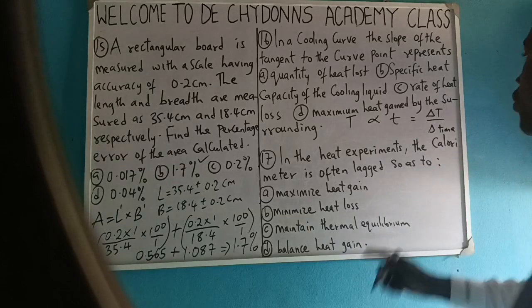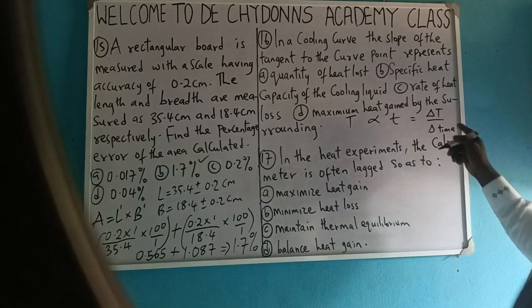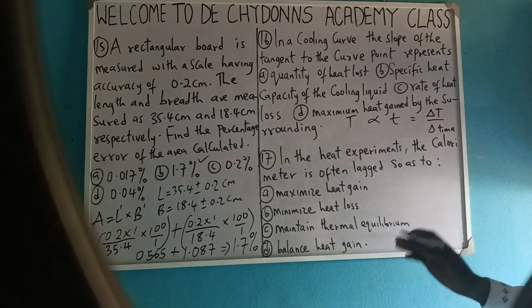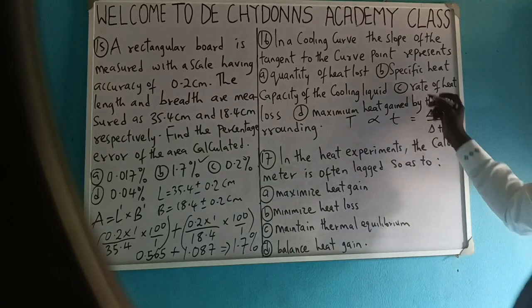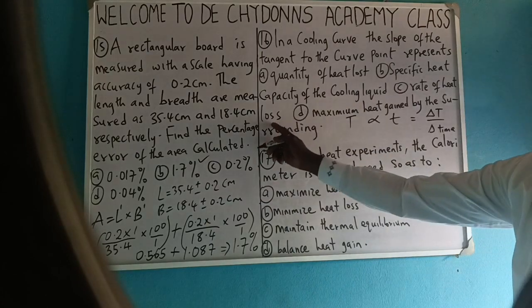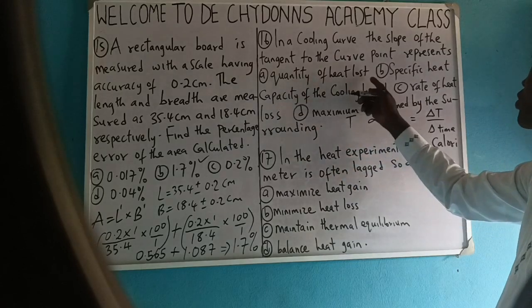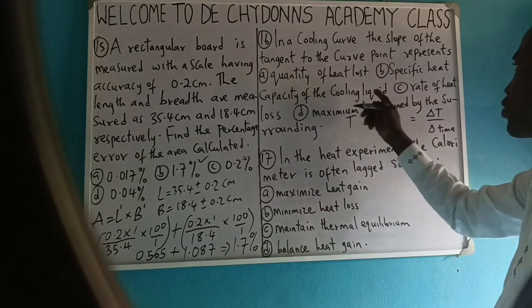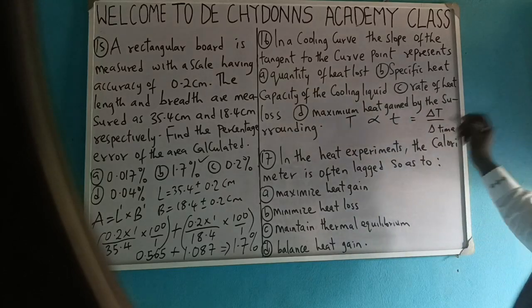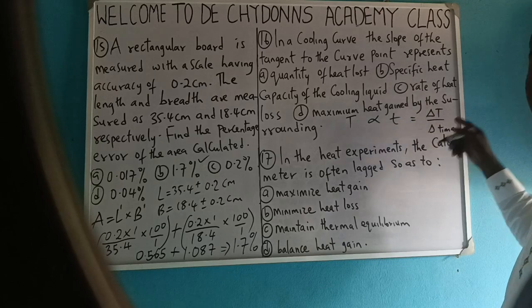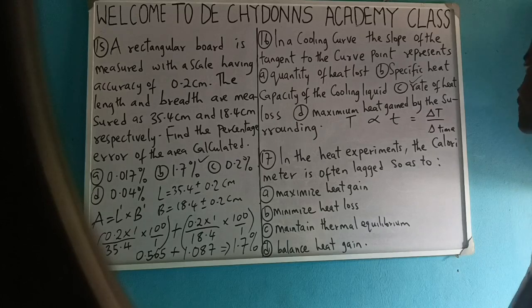And anytime you hear over time, what it means is rate. Rate means over time. So that means the option should be rate of heat loss. It is not the quantity of heat loss, no. Specific heat capacity of the heat loss, no. Rate of heat loss, because we are getting the slope of change in temperature over change in time. So we say option C is the answer.